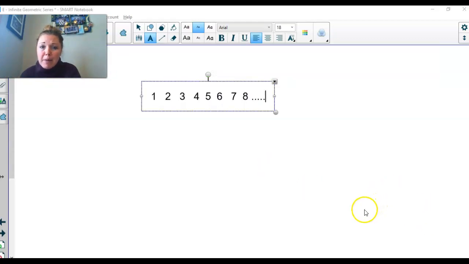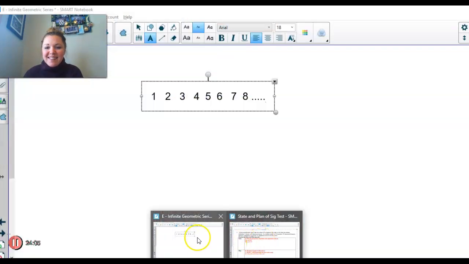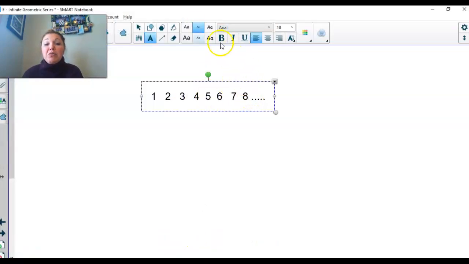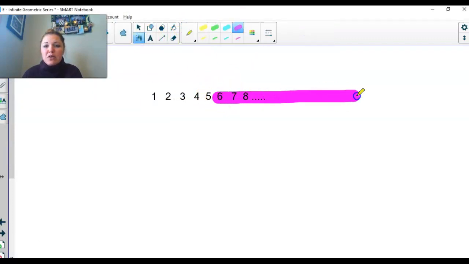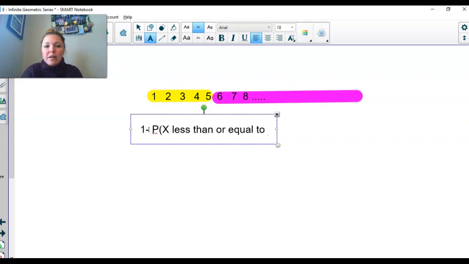Let me go back to the problem. Yes, it says greater than 5. So everything I want would be 6, 7, 8, and so on, all the way over here. What I don't want is this part right here. So that's going to be 1 minus the probability that X is less than or equal to 5.